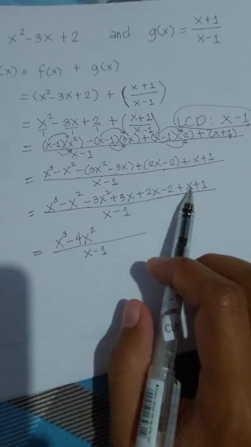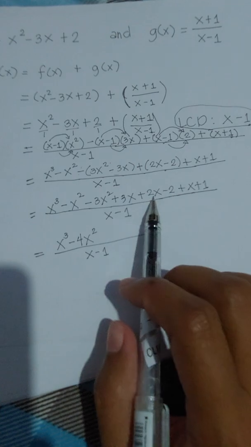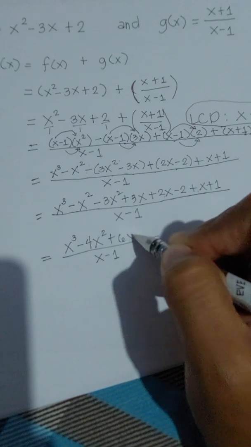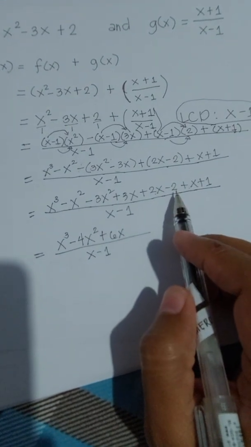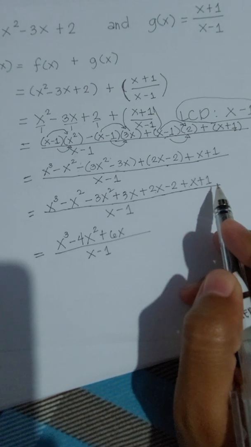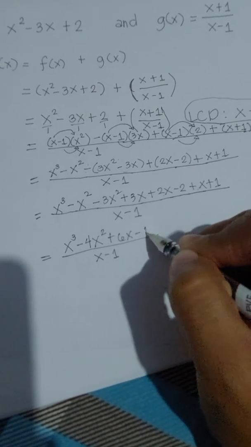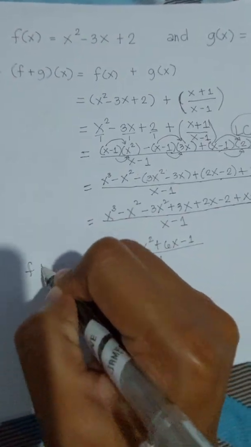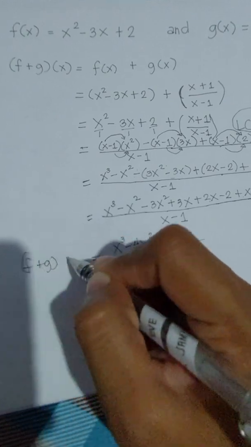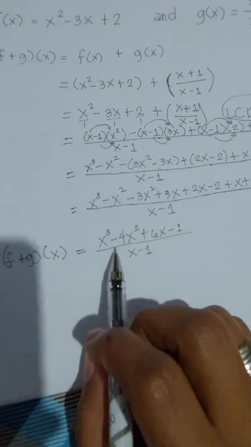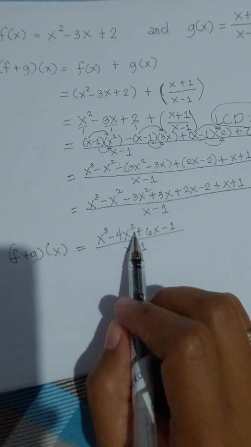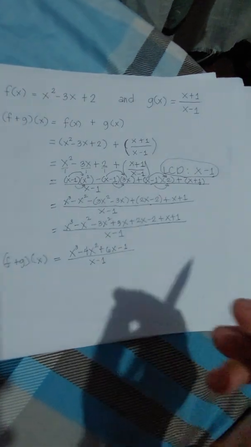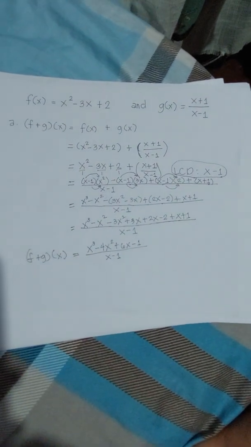So 1, 2, 3. So we can add 3 plus 2, 5 plus 1, here we have plus 6x. And the constants, we have negative 2 plus 1, so we have negative 1. Okay? So your final answer for f plus g of x is equal to x cubed minus 4x squared plus 6x minus 1 over x minus 1. Okay? So, this is your answer.